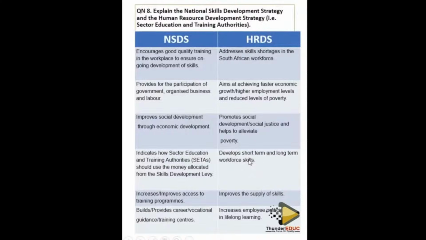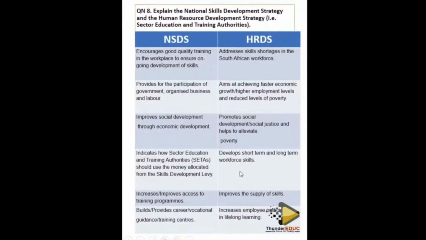Short-term skills can be for people who already have some qualifications and now just want additional qualifications. While with long-term, you may find they don't even have qualifications. The only qualification they have is a birth certificate.